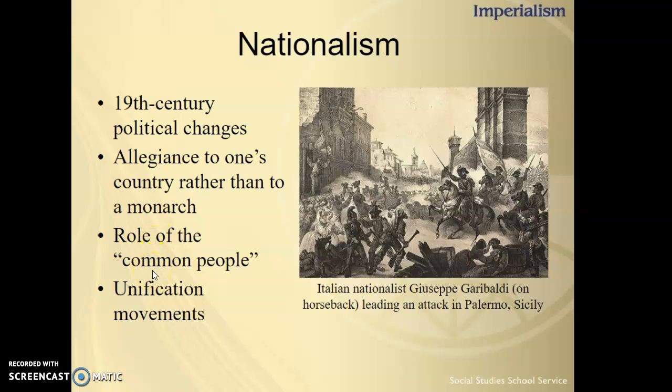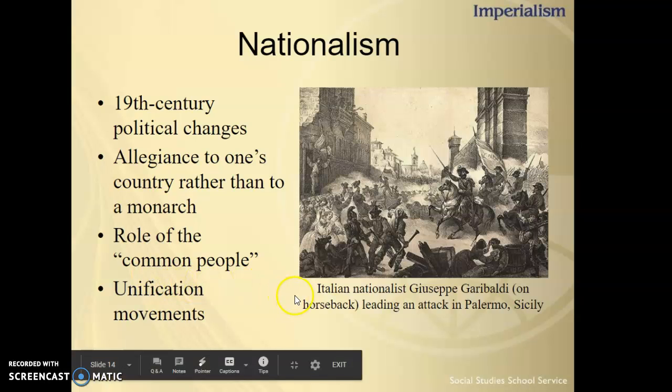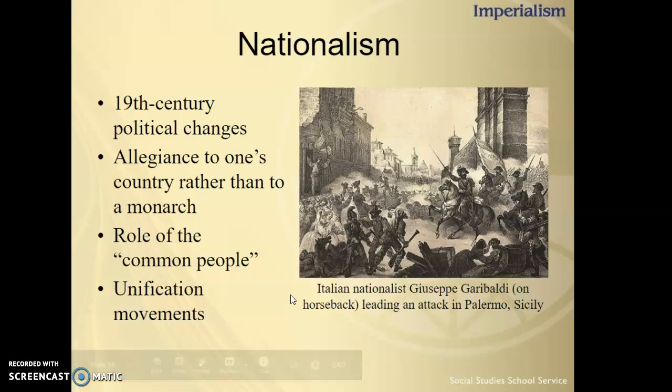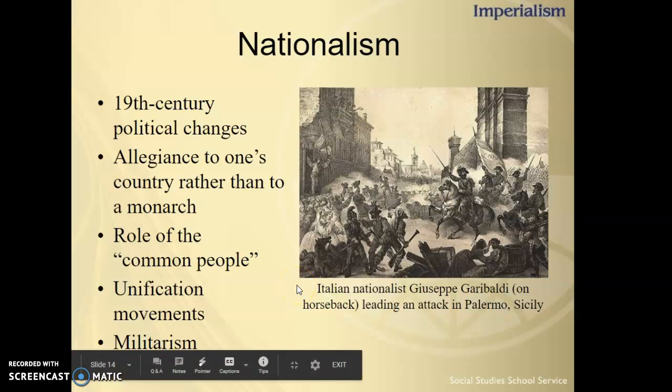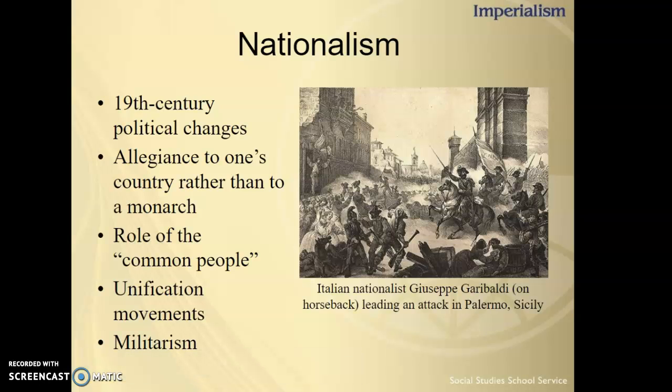You have a number of unification movements, as in this image of Giuseppe Garibaldi, who was instrumental in the unification of Italy. As part of nationalism, you also have militarism, having pride in your nation's military. We'll learn more about this term when we get into World War I and its causes.